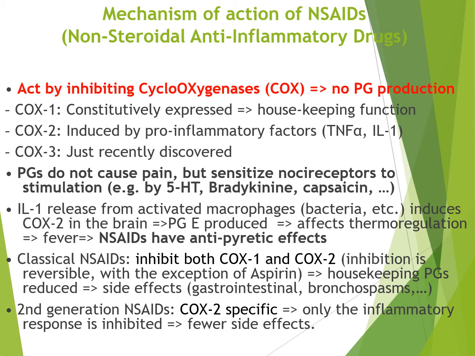COX-2 is induced by pro-inflammatory factors, so it plays a role in inflammation. COX-3 was just recently discovered. Prostaglandins do not cause pain, but sensitize receptors to stimulation by 5-HT, bradykinin, and capsaicin.